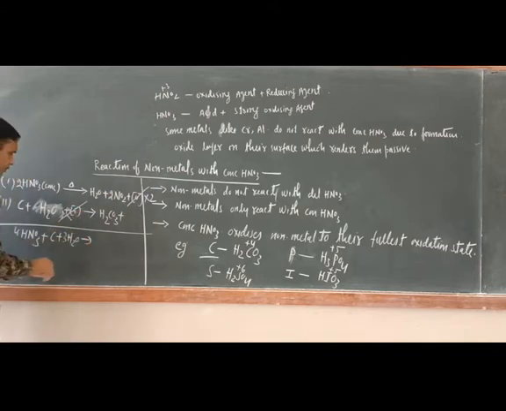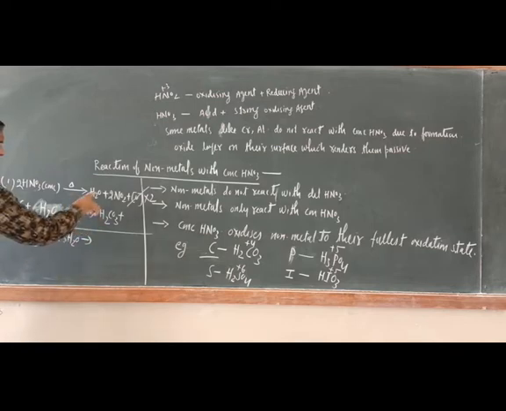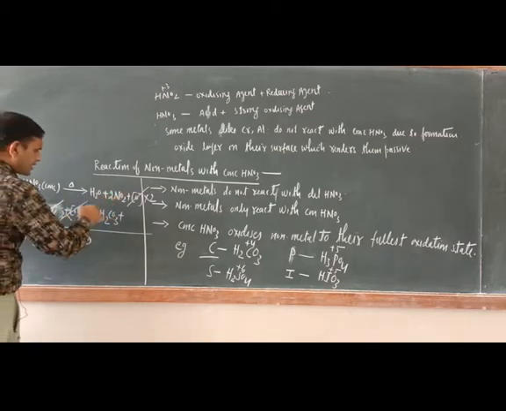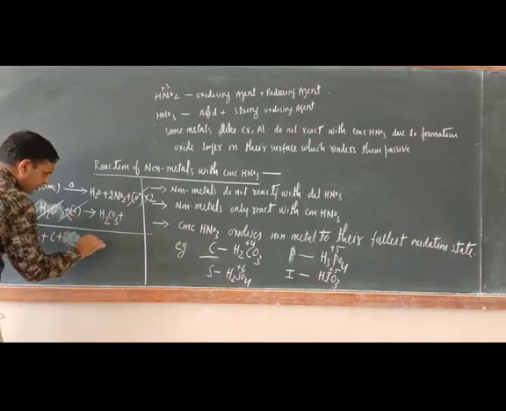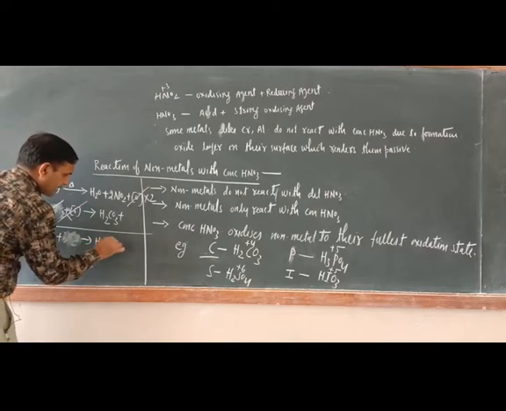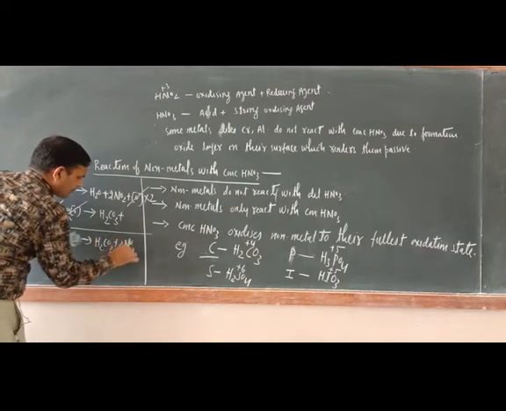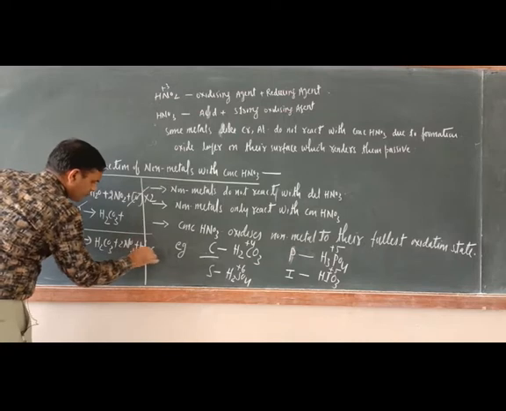Now this 2 H2O is here, 1 H2O is here, so this will be cancelled out. On the product side only 1 H2O will be present: H2CO3 plus 2NO2 plus 1 H2O.